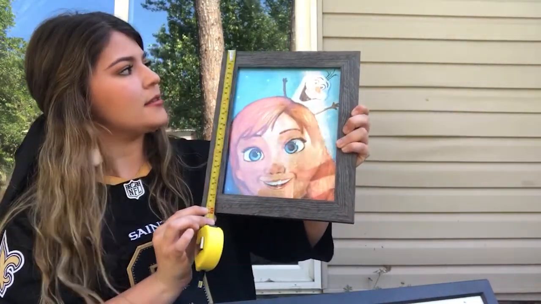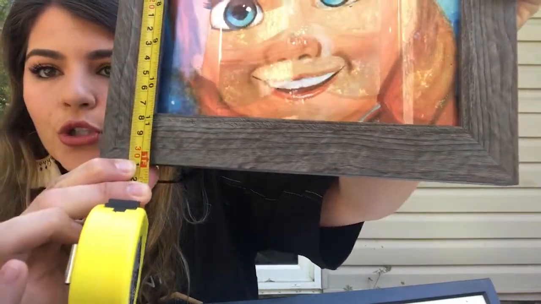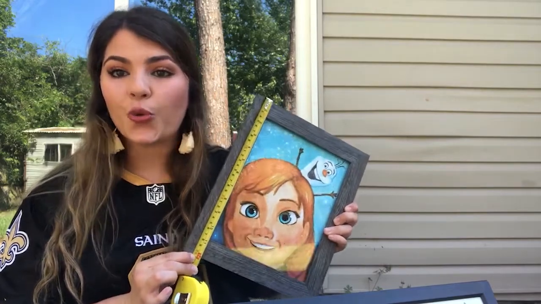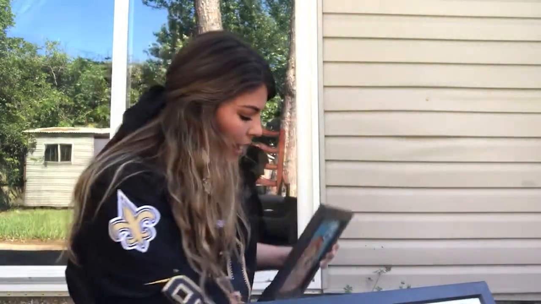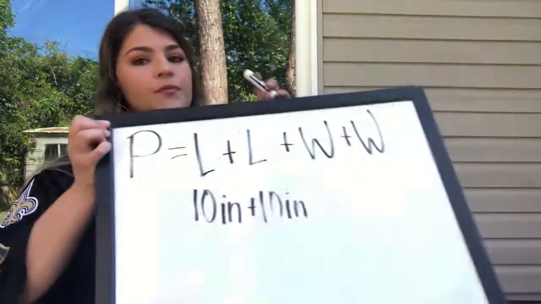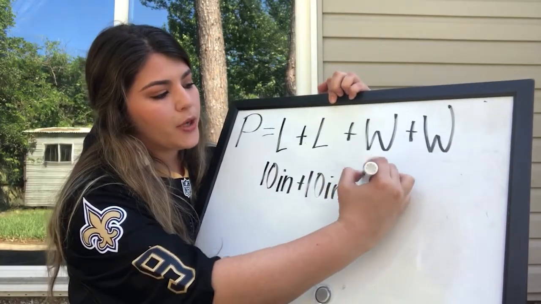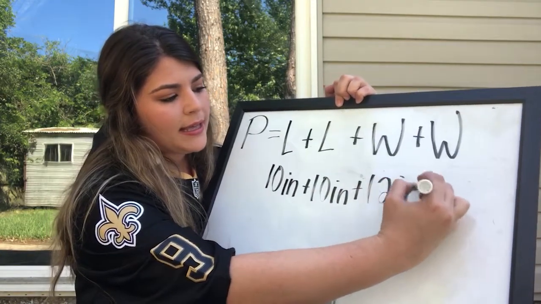And my widths are equal to 1 foot. And we know that 1 foot is equivalent to 12 inches. So I know that my width is equal to 12 inches. So where I see a W for my width, I'm gonna put 12 inches.